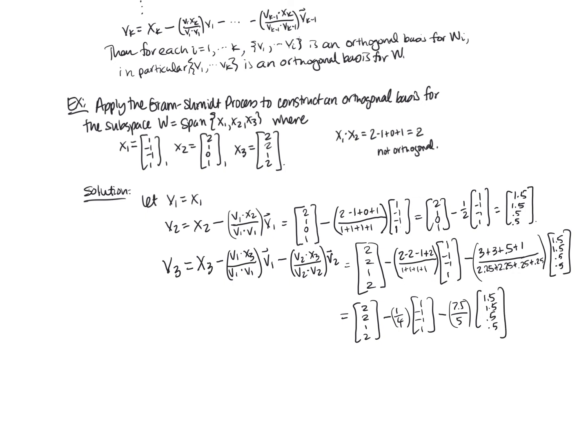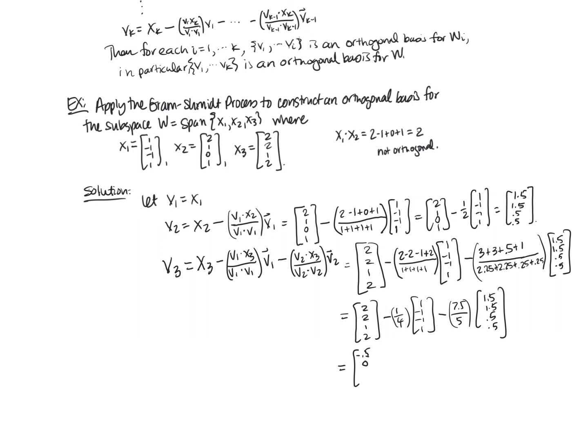Okay, so let's add this all up. For the first one, I'm going to get 2 minus 1/4 minus 1.5 times 1.5, so I get negative 0.5. For the second one, I'm going to get 2 plus 1/4 minus 1.5 times 1.5, so that gives me 0.